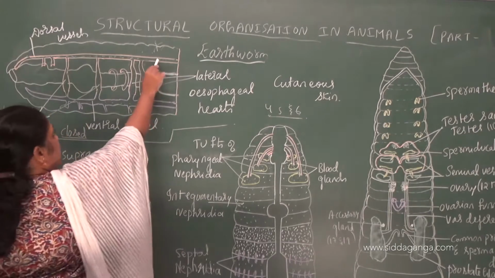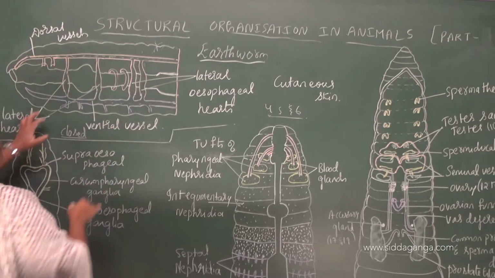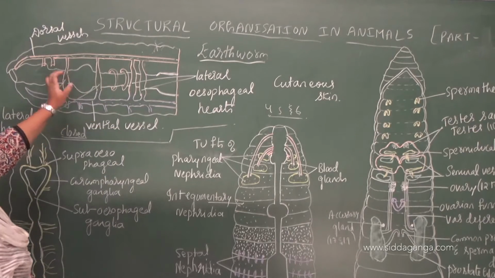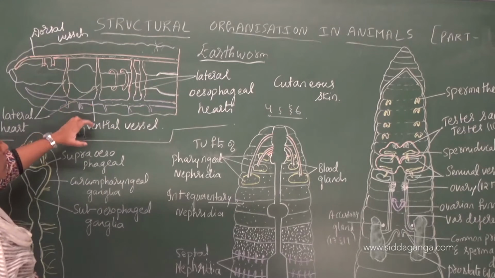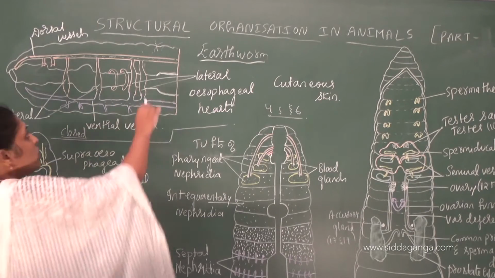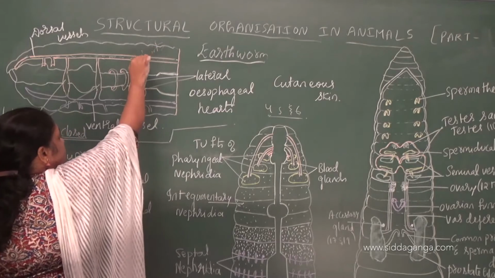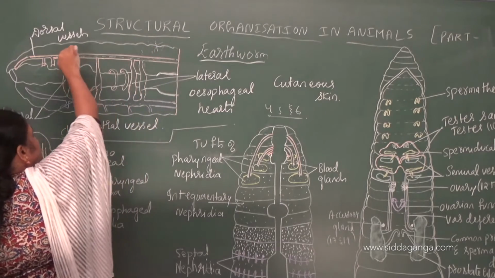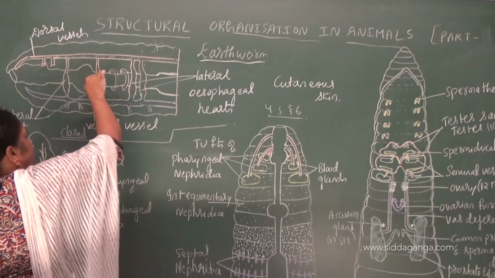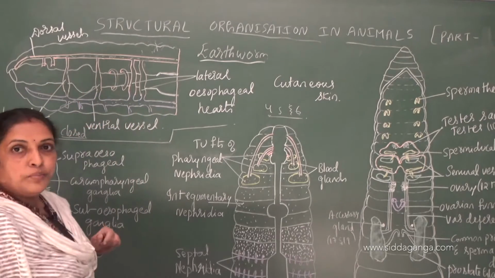So blood flows in one direction. Like this it has many branches. We see the lateral arch, this is the dorsal vessel, this is the ventral vessel, and these two are the lateral esophageal arch. Here the exchange of gases takes place in the skin region and oxygenated blood enters the dorsal vessel. From there through many branches it is supplied to each and every cell in the earthworm, understood.